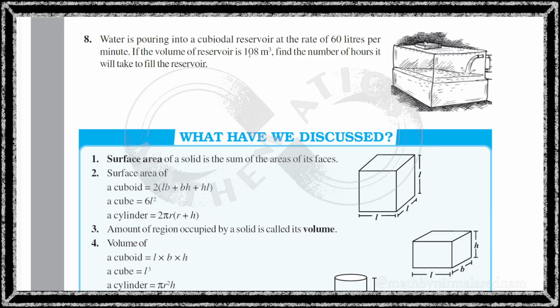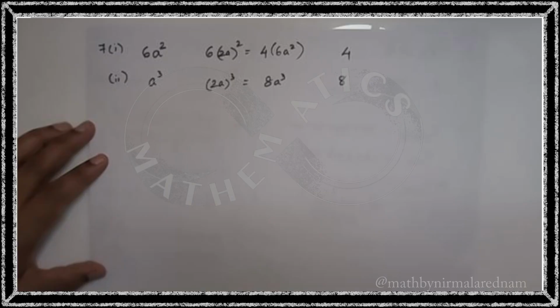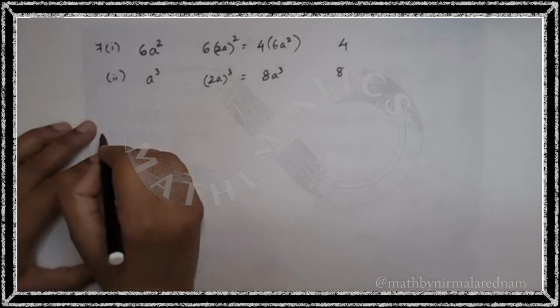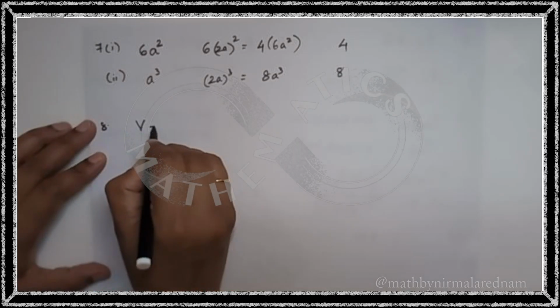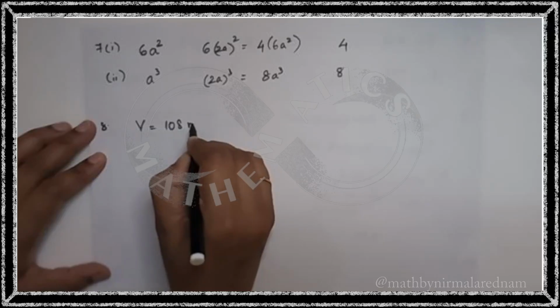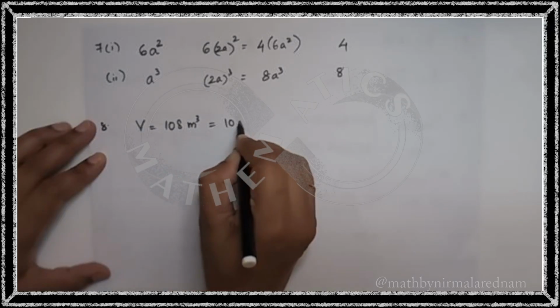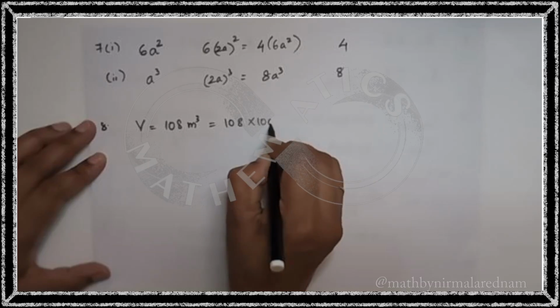We are going to convert this into liters. Okay, the meter cube volume we are going to convert to liters, and then, right, so volume is 108 meter cube, which is 108 into 1000 liters.